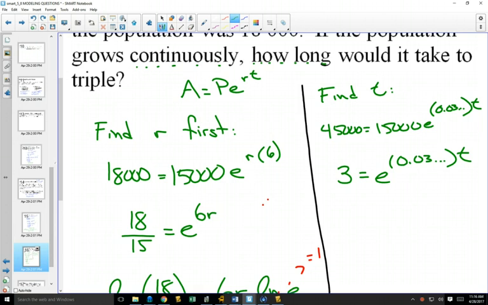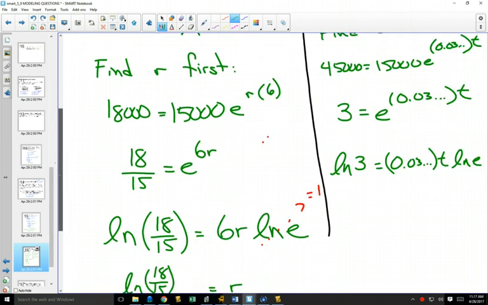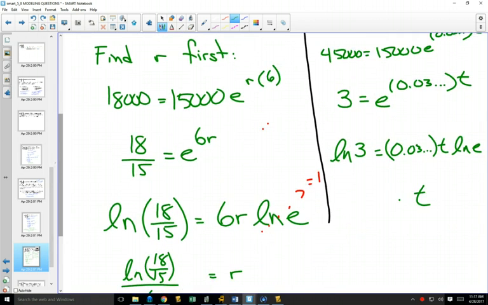Then to solve our answer, we can take the natural log of both sides. The 0.03 t would come out in front, and you'd get natural log of e. Of course, the natural log of e is equal to 1. So all we would have to divide by is our R value.